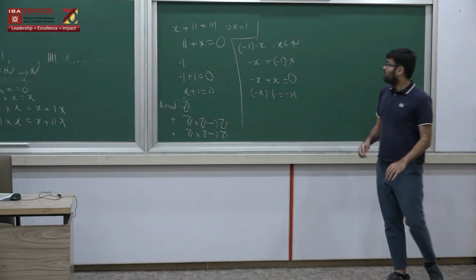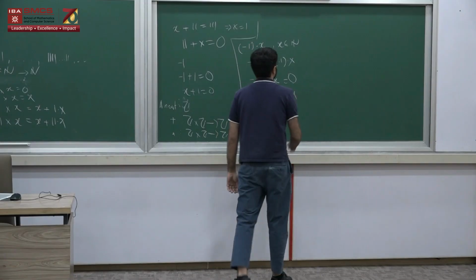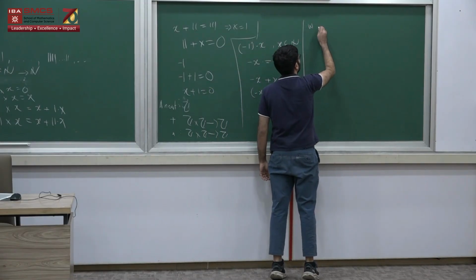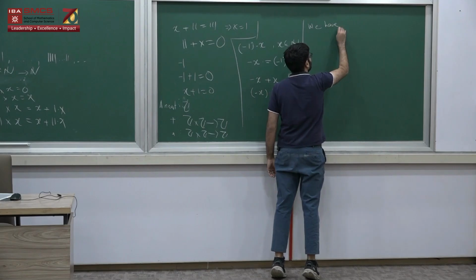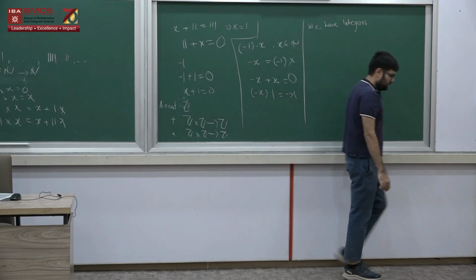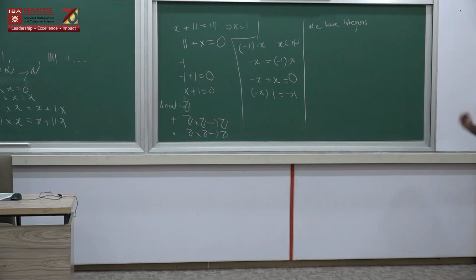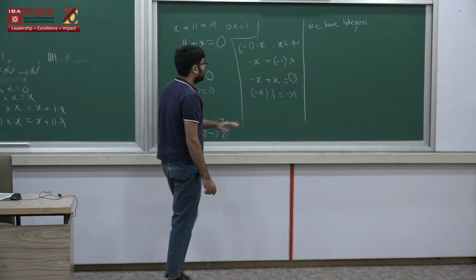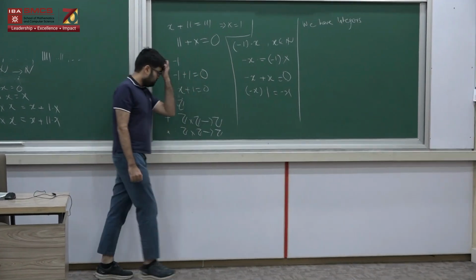And so I have this set, integers. If you go to base 10, you can write them as minus 1, minus 2, minus 3, and then 1, 2, 3, the positive ones and the negative ones.